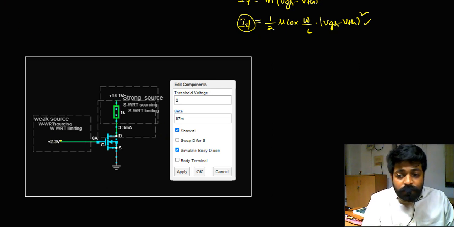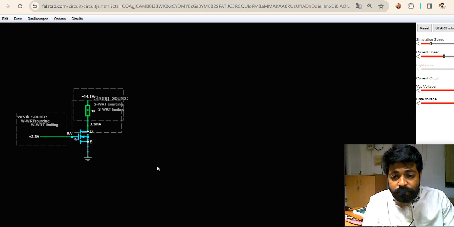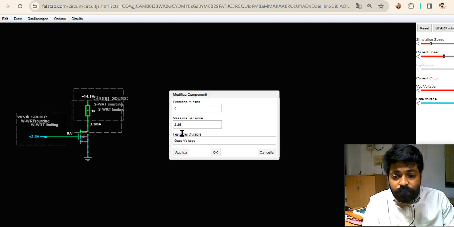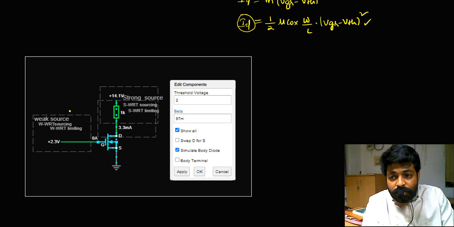The actual gate voltage is not 2.3. If you double click on it, we can see the actual voltage. It is around 2.26. So now let me write the gate voltage as 2.26.